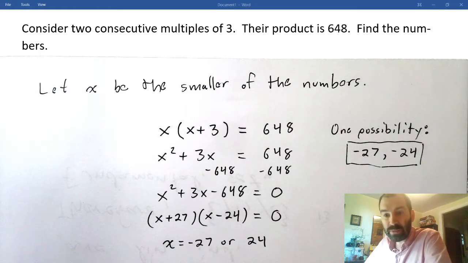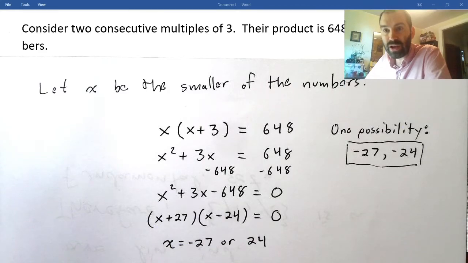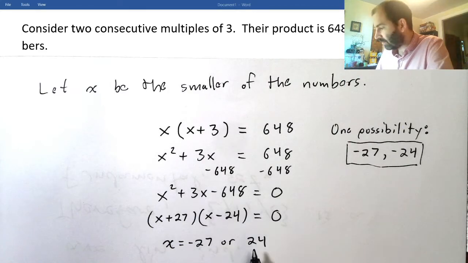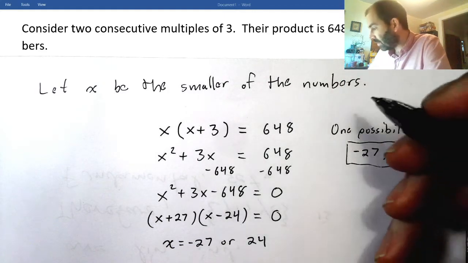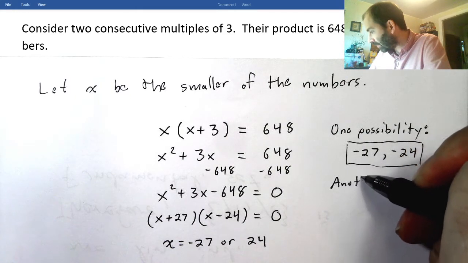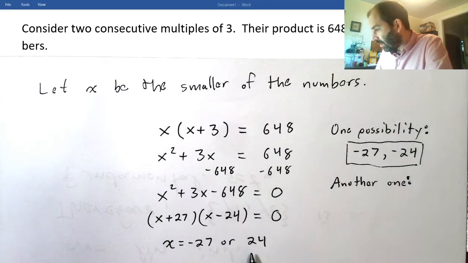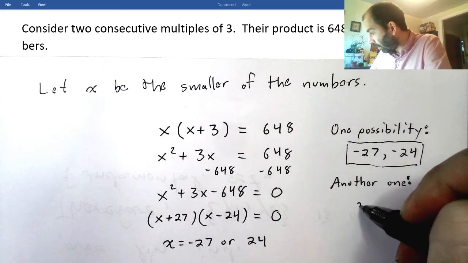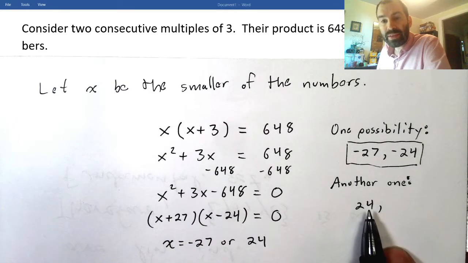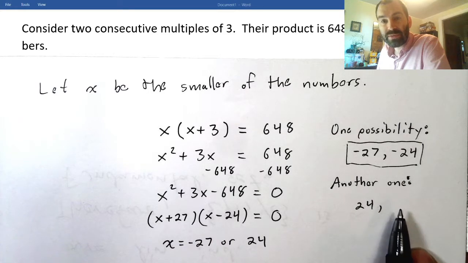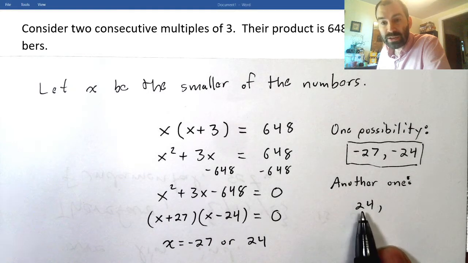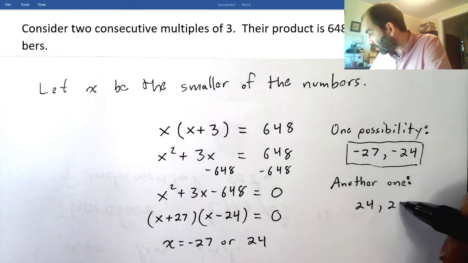But there's another possibility, right? Because we could use the other x. There's also the x of 24. So another possibility. We could have x be 24, and the next larger consecutive multiple of 3, you get that by adding 3 to this, is 27.